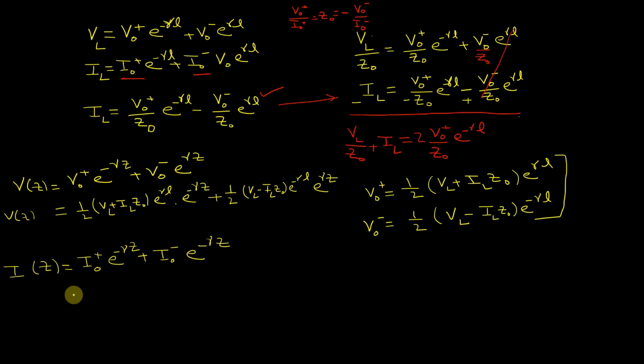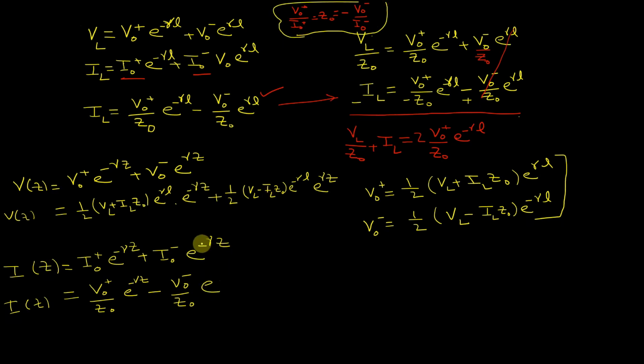We have a relation between I naught plus and V naught plus, so you can write V naught plus divided by Z naught e raised power minus gamma z, minus V naught minus divided by Z naught e raised power gamma z. We have used this relation again here. So put the values of V naught plus and V naught minus here.